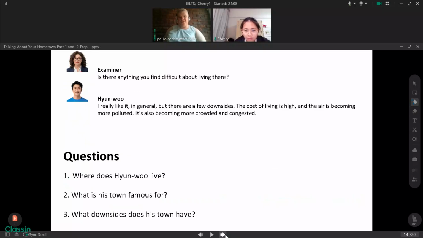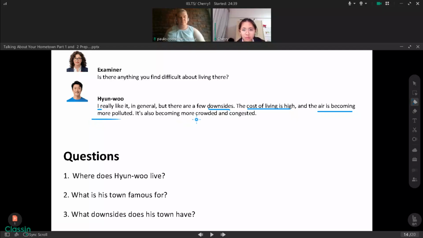Okay, so with that, there's the last part of this dialogue. Is there anything you find difficult about living there? I really like it in general, but there are a few downsides. The cost of living is high, and the air is becoming more polluted.